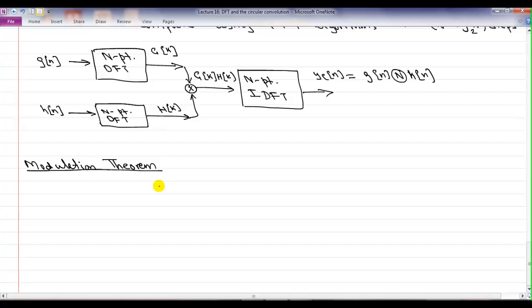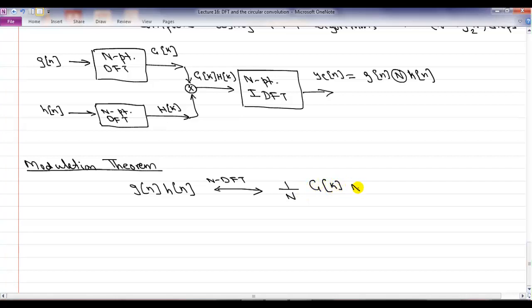In the previous theorem, we saw that circular convolution in time gives us multiplication in the DFT domain. Now, the modulation theorem says that when you multiply two sequences in time, both of length N, and you take their N-point DFT, then in the Fourier domain what you have is the circular convolution of their respective Fourier transforms with a scaling of 1 over N.